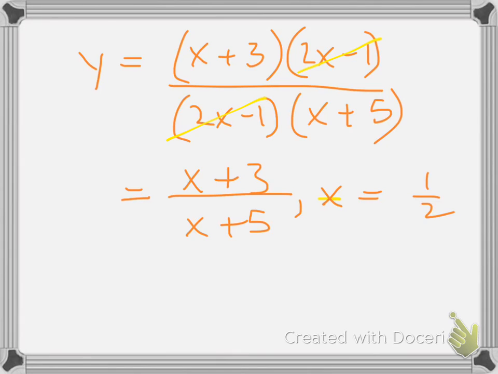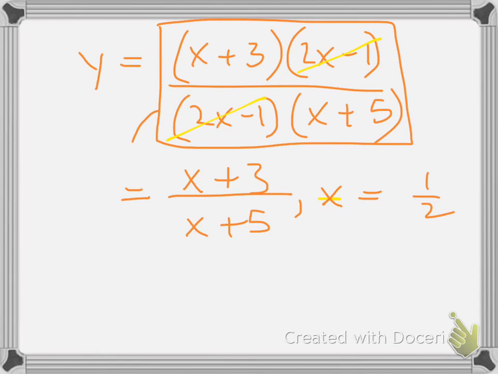Positive 1/2. Right? Because 2x minus 1 cannot equal 0 means x cannot equal positive 1/2. So what I'm saying is that this expression that we started with is equal to this expression, but only if x is not 1/2.